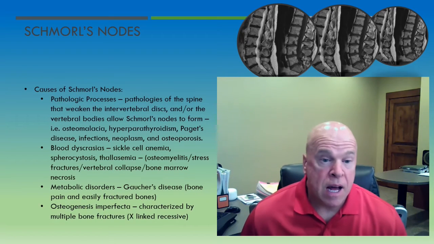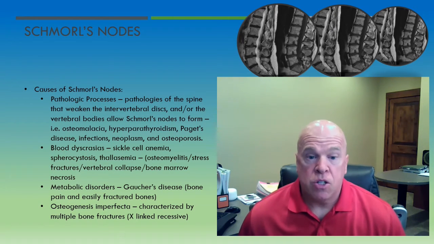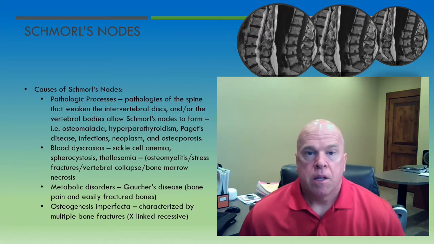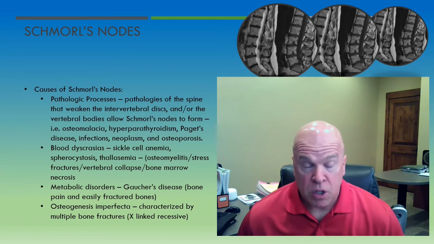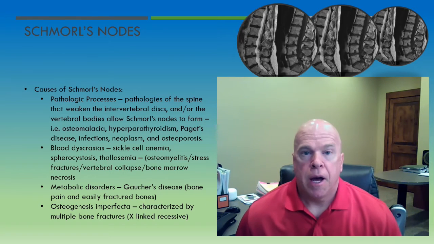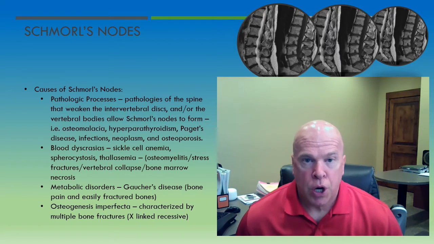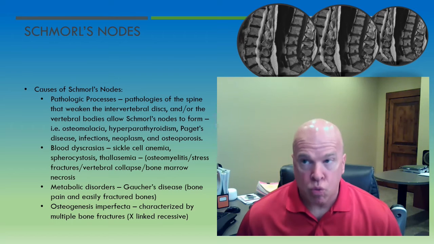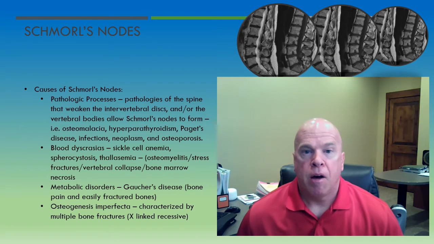Other causes of Schmorl's nodes include pathologic processes. Any pathology that weakens the spine, that weakens the intervertebral disc, or that weakens the vertebral body can allow Schmorl's nodes to form due to herniation of the nucleus pulposus through the weakened vertebral body.